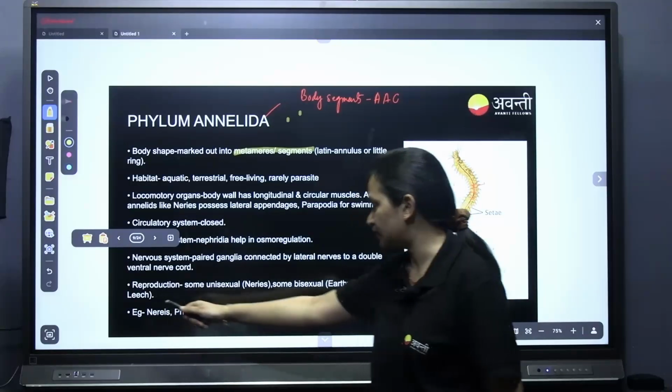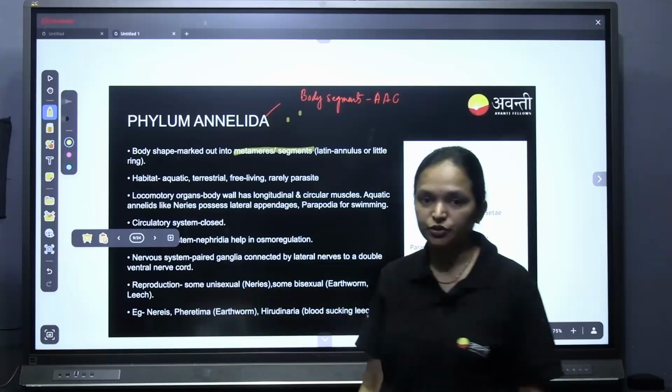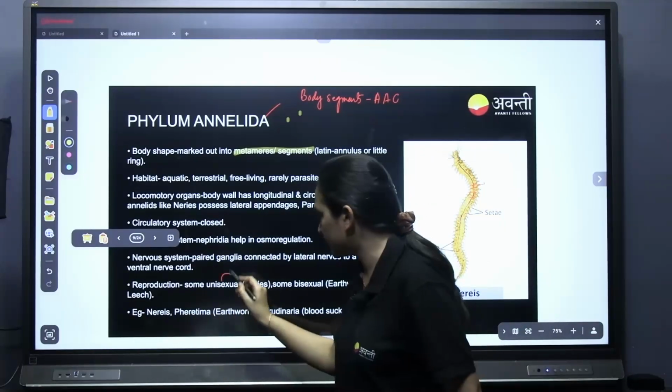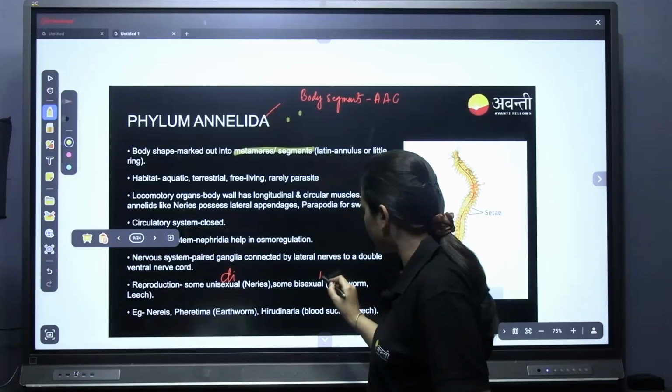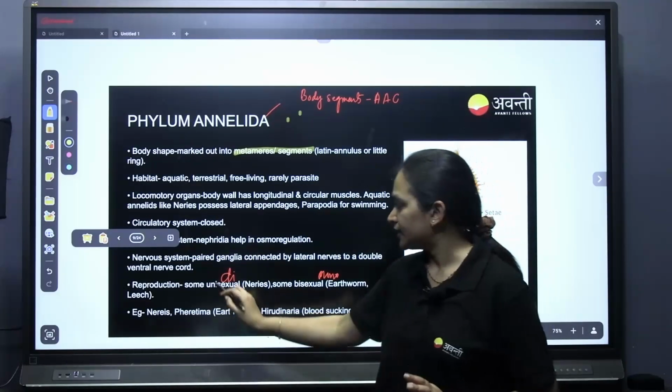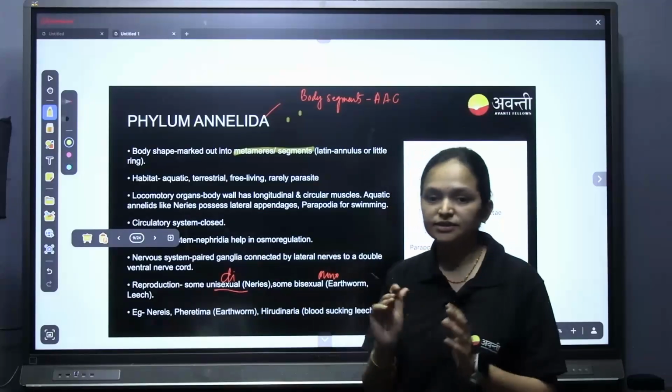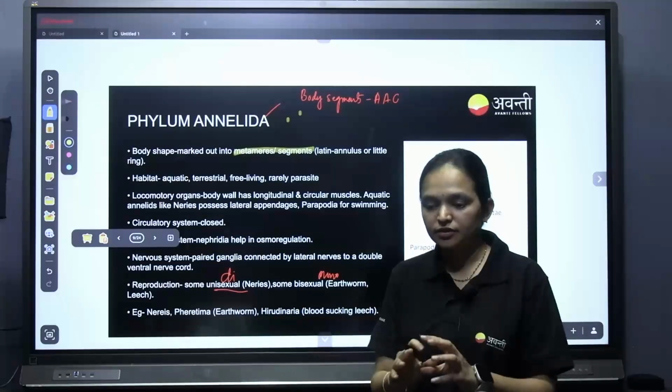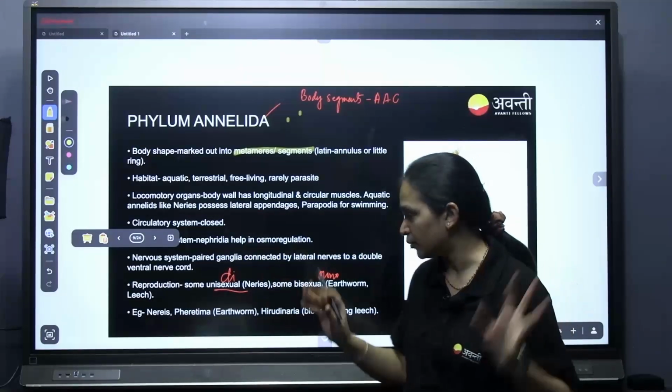Earthworm and leech are bisexual, and Nereis is unisexual, that is, dioecious, whereas the others are monoecious, both sexes in the same body. Nereis is exceptional, that is, it shows two different sexes in two different bodies.